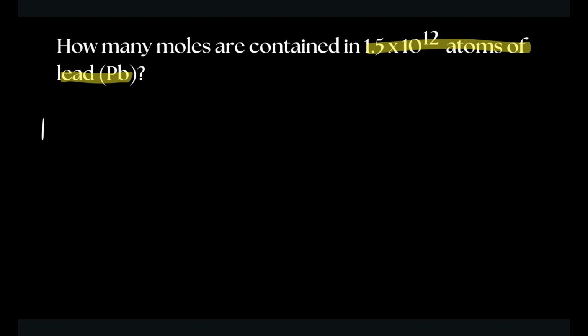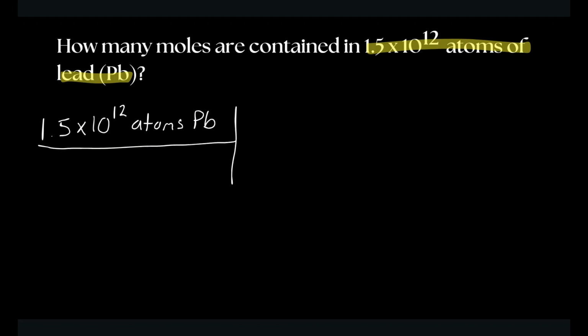So it will be our 1.5 times 10 to the 12th, and we're going to put atoms of our lead. Whenever we are writing this out, we do want to put everything that we can into the setup because that's really going to help us with determining what is going to come next. So we have our 1.5 times 10 to the 12th atoms of our lead, put it into our setup.